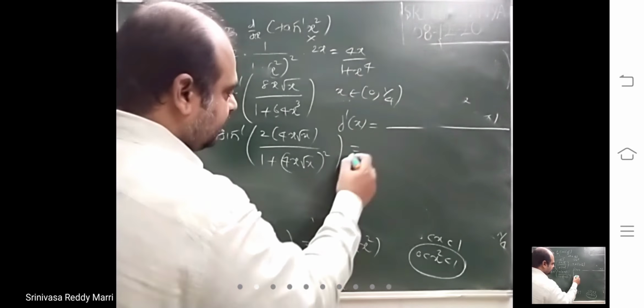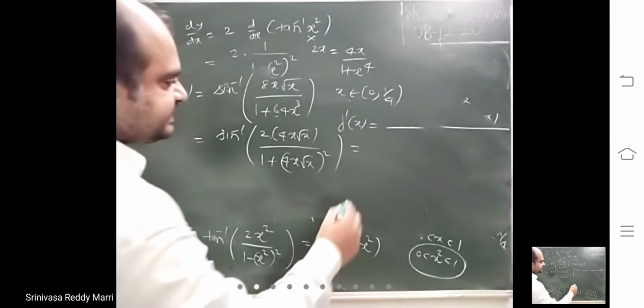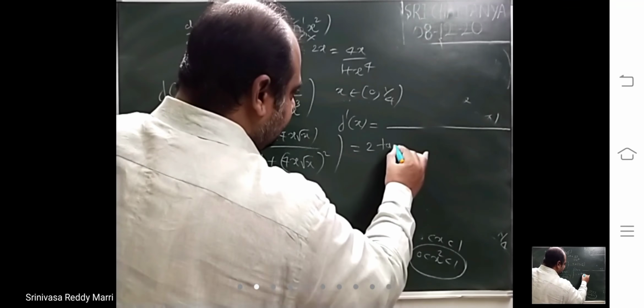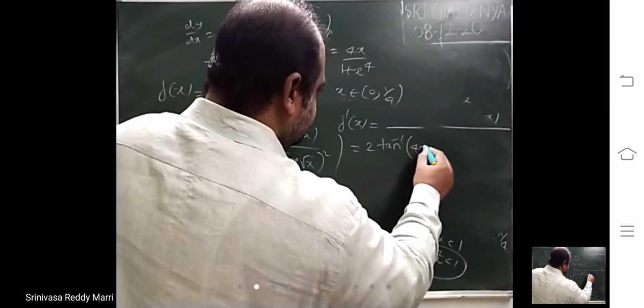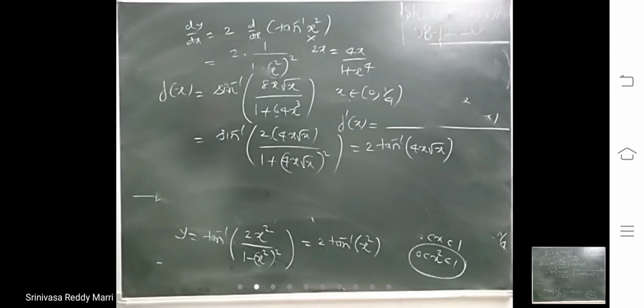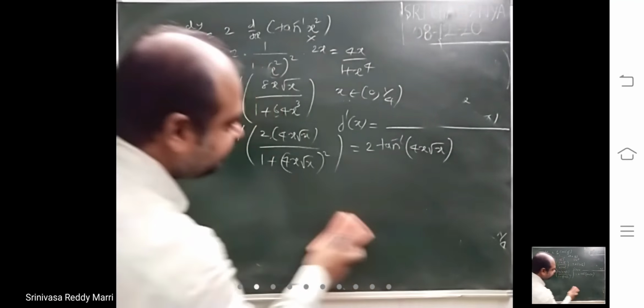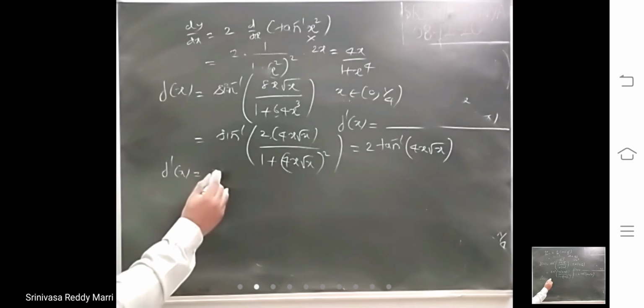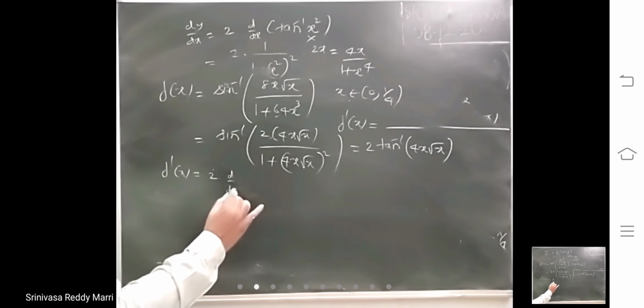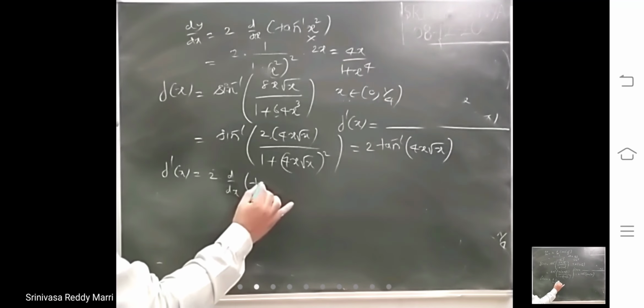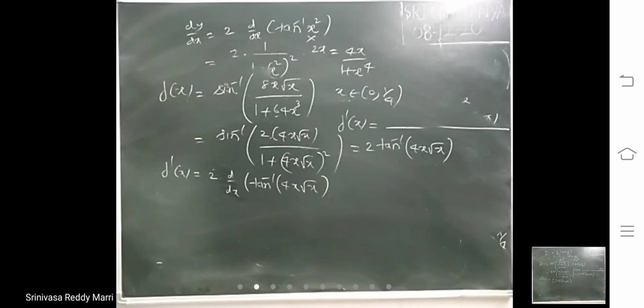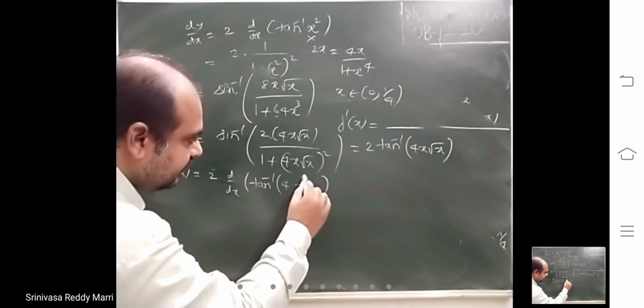According to our rule, sine inverse 2x by 1 plus x square is 2 tan inverse x. So this is 2 tan inverse 4x root x. Now you can do the derivative easily. 2 outside, tan inverse of 4 into x power 3 by 2.